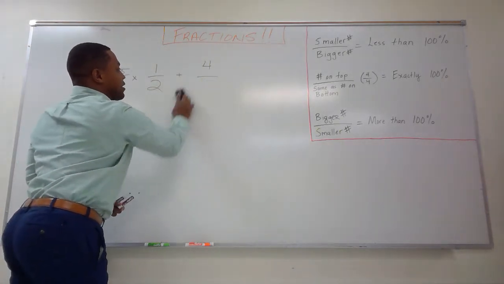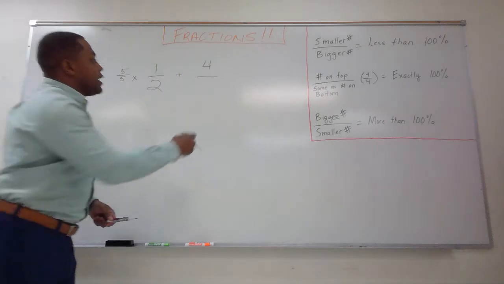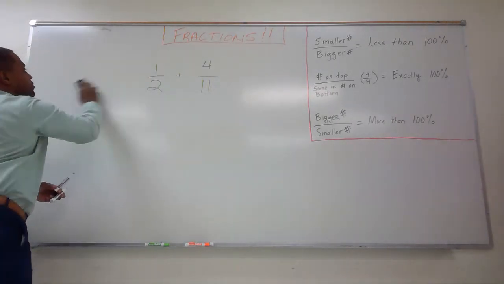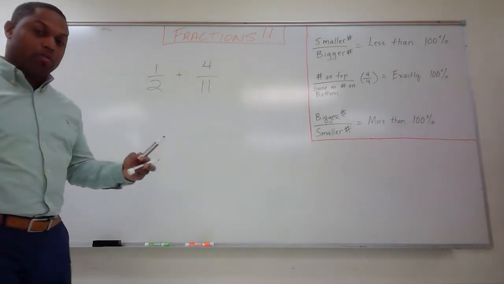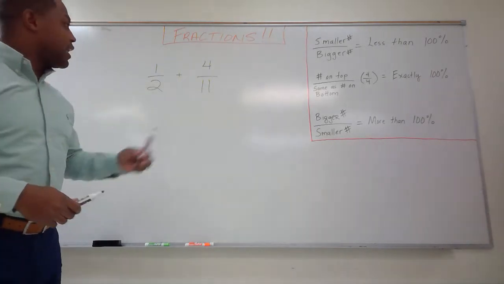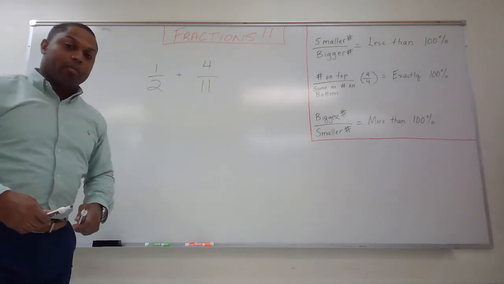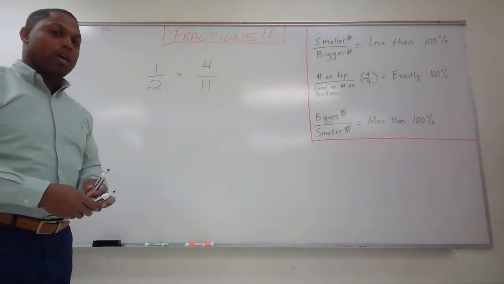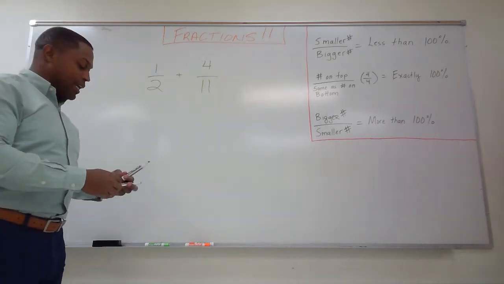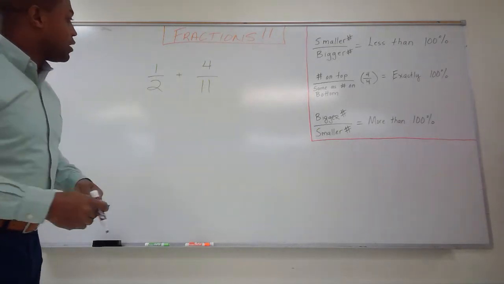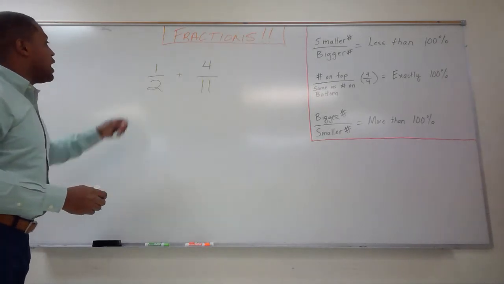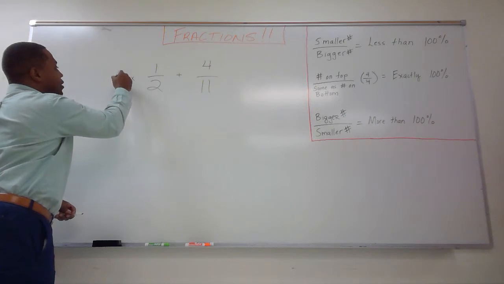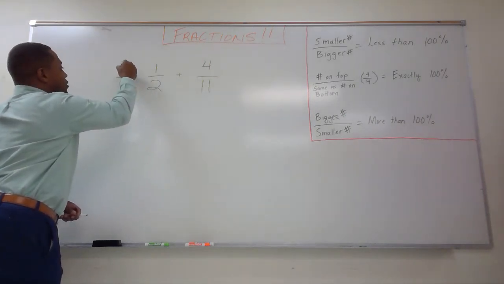Let's say instead of a 10 here, it were an 11. The question I usually ask is, can I make the smaller number the bigger number? In this case, with multiplication, I can't. So in order to get like denominators, I'm going to multiply this entire fraction, top and bottom, by this denominator.